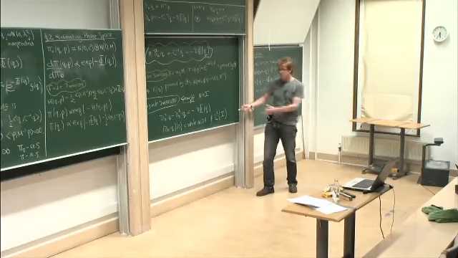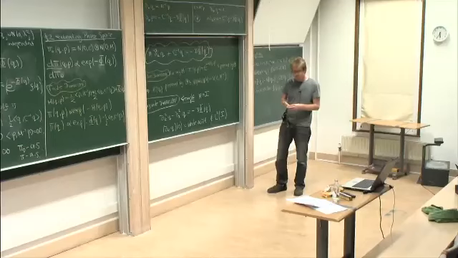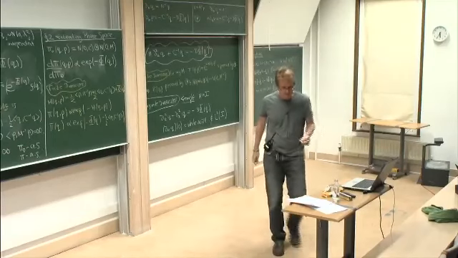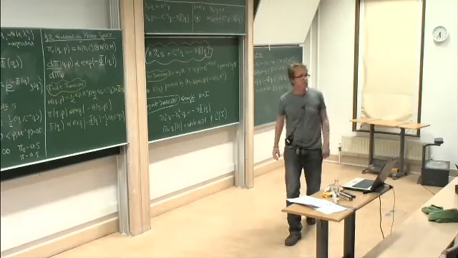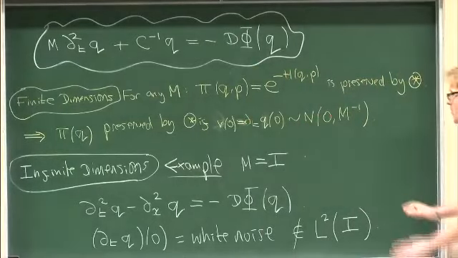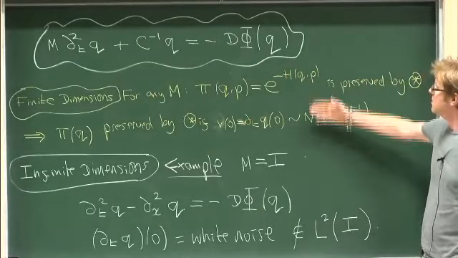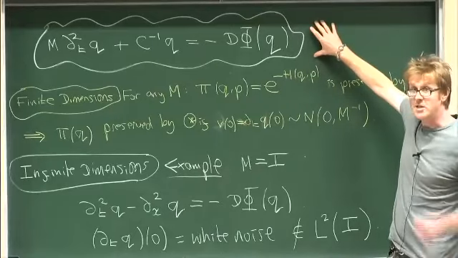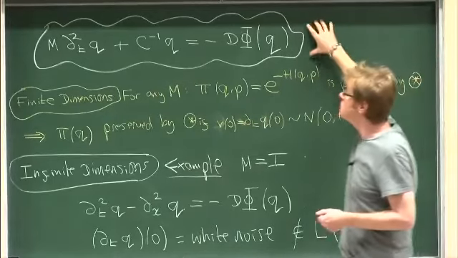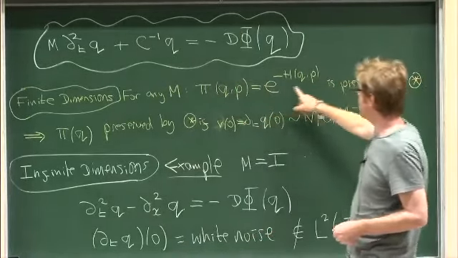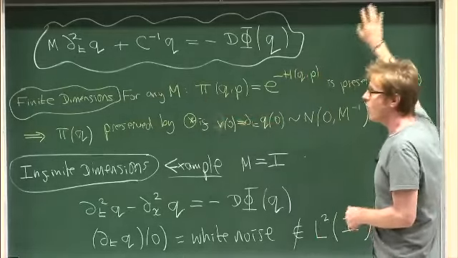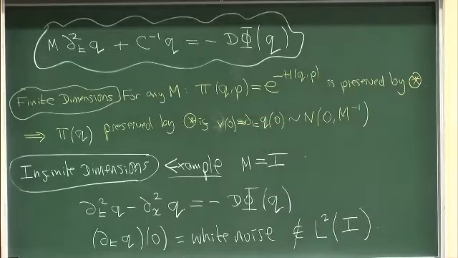It's conceivable that one might develop a theory, but it would be difficult, and it's not clear what the outcome would be. However, as I'm going to show you, there are choices of M for which this equation is a nice equation, and for which one can prove invariance of the measure pi. Okay, so that's the next point.